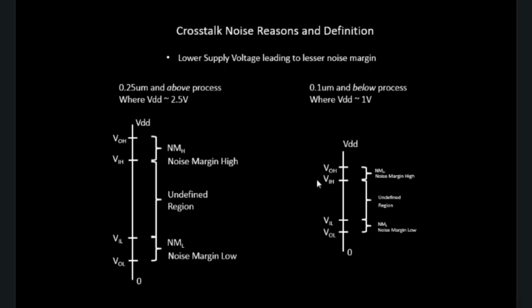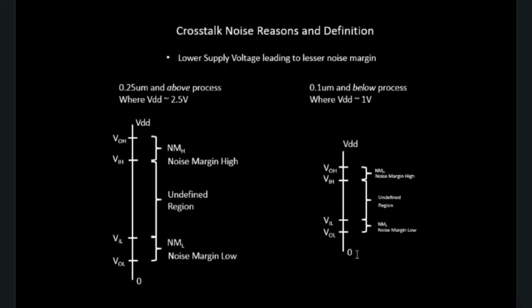This is the most important reason that we find that leads to crosstalk noise, and we have to find a way to fix this. We have ways to fix all these problems that we are seeing, but the major reason that we identified here that leads to crosstalk noise is the noise margin. Basically this is directly related.